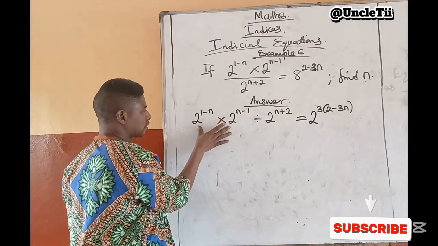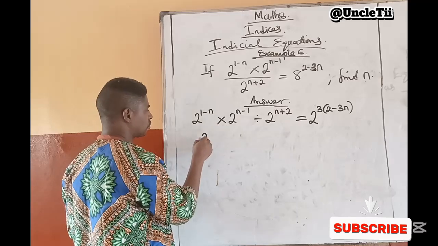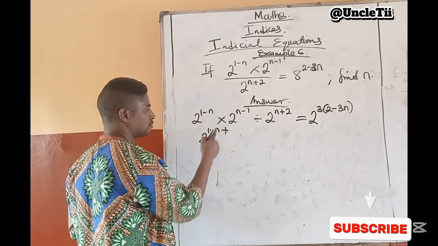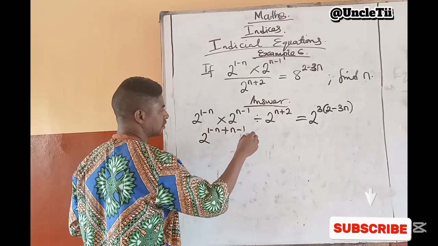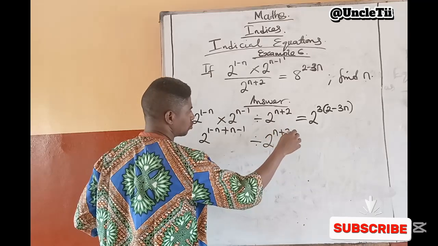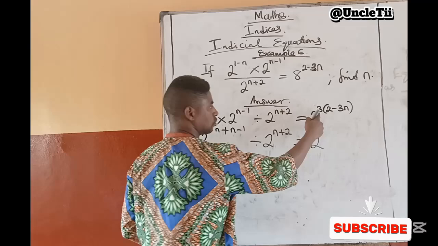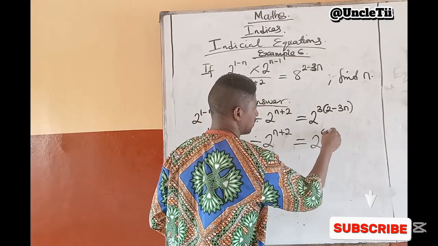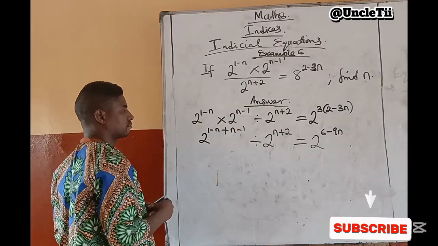And so first, let us apply the first law of indices to this. That will give us 2 raised to power 1 minus n plus, because times changes to plus, n minus 1, then divided by 2 raised to power n plus 2, everything equals 2. Open up that bracket: 3 times 2 is 6, 3 times minus 3n is minus 9n.